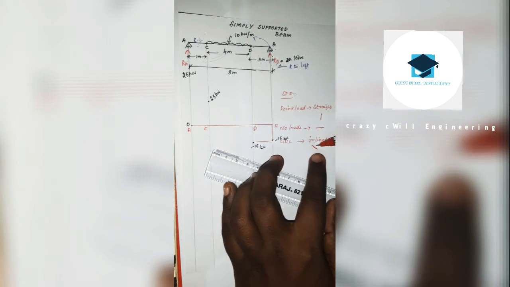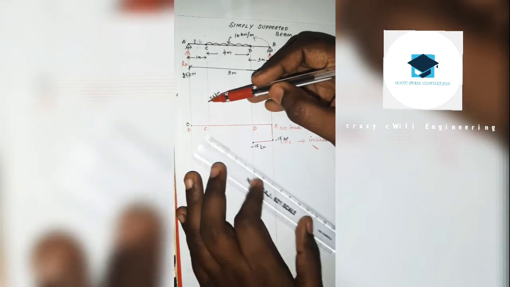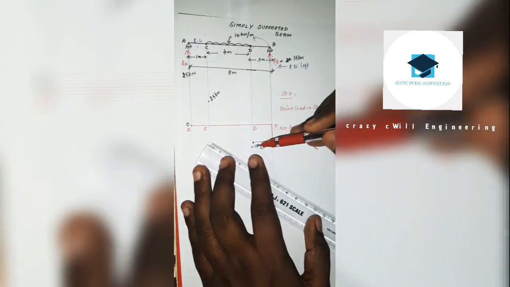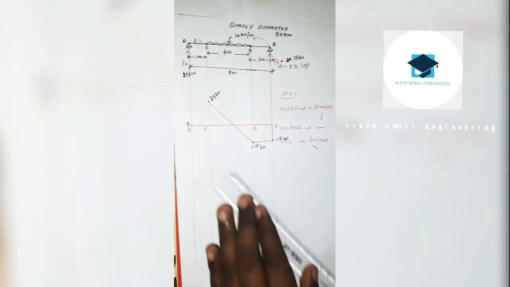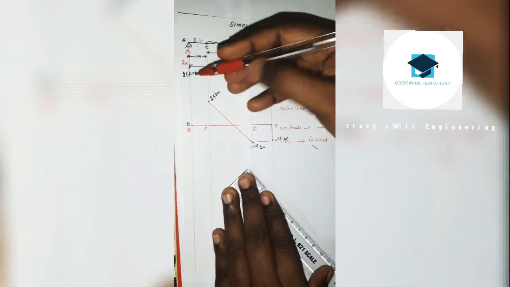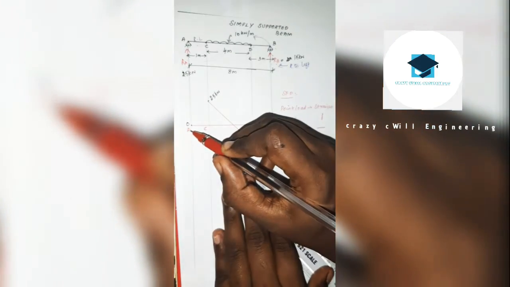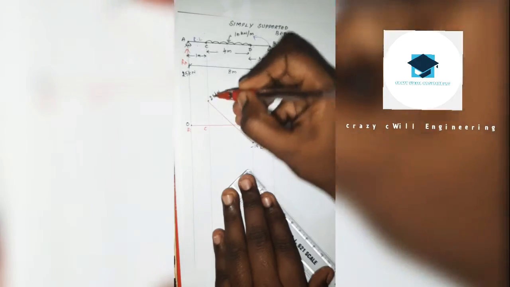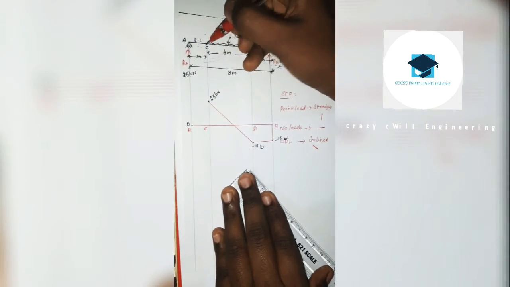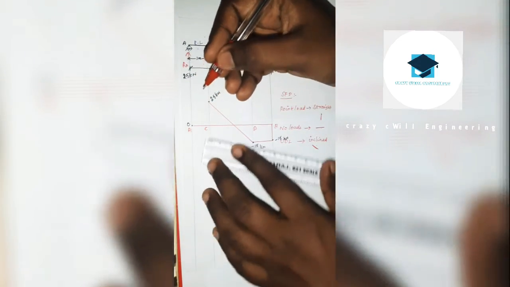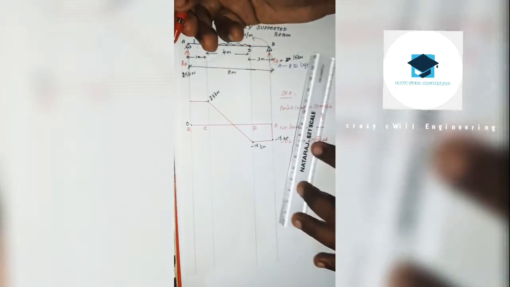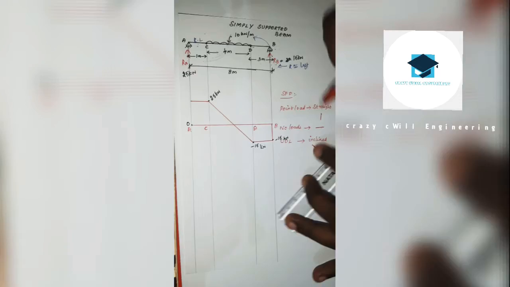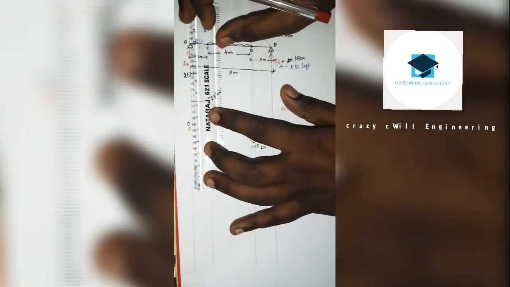UDL means inclined line. So at point C it is 25 kilonewton, here minus 15. So draw an inclined line like this. And at point A, shear force is 0. Between A and C there is no load. So again you draw 25 here. No load means horizontal straight line, and finish it at A.